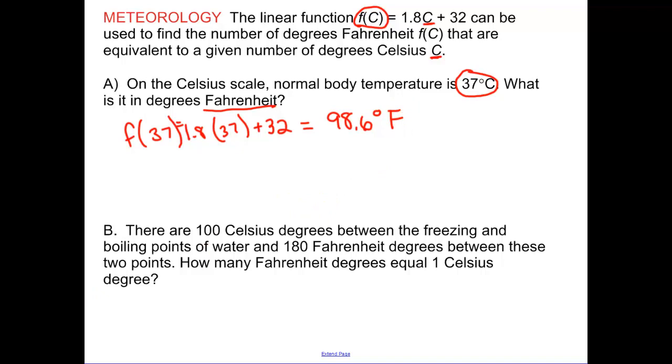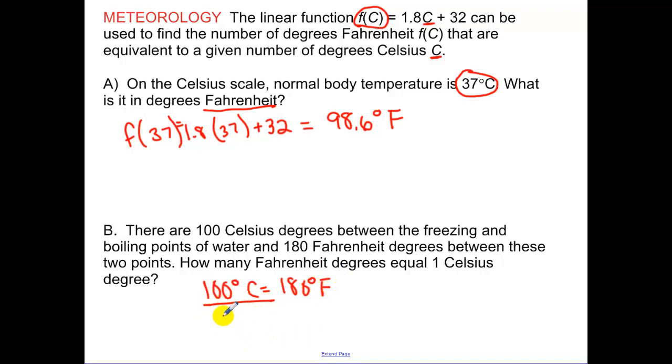Now part B. There are 100 Celsius degrees between freezing and boiling points of water, and 180 Fahrenheit degrees between these 2 points. How many Fahrenheit degrees equals 1 Celsius? So I know that if I have 100 degrees Celsius, that's going to be the same thing as 180 degrees Fahrenheit.